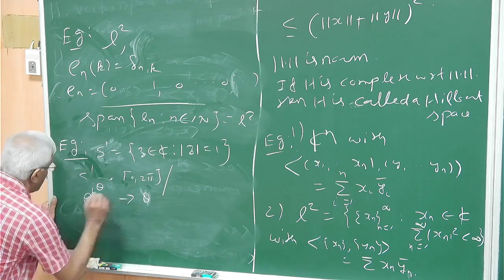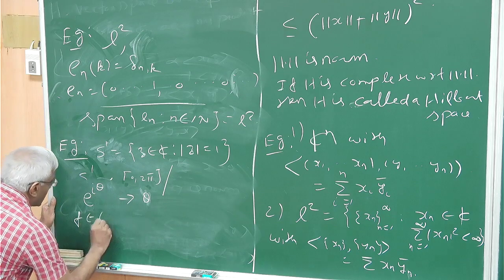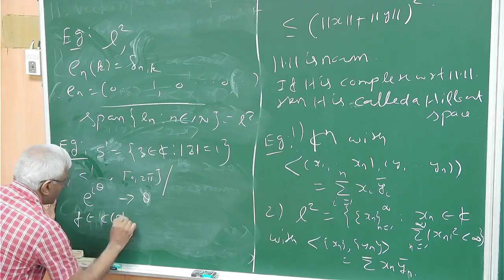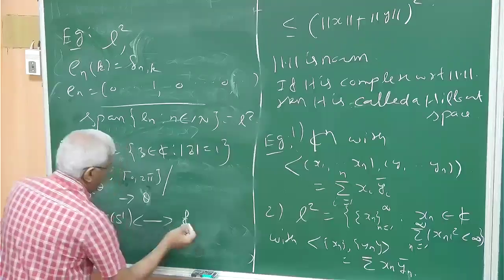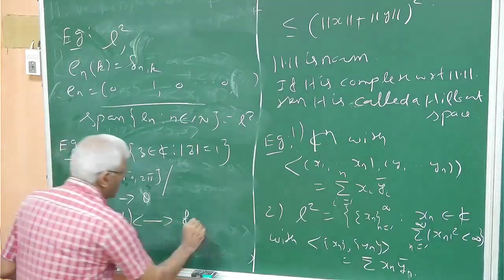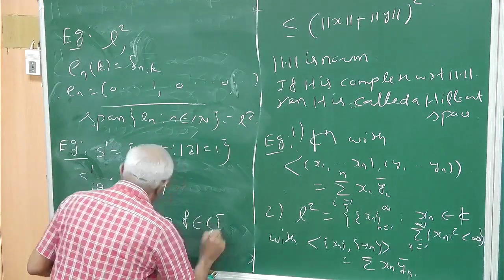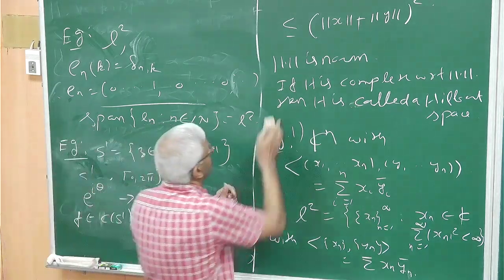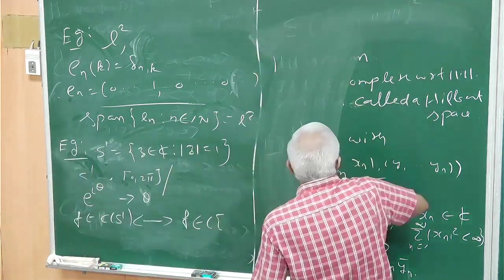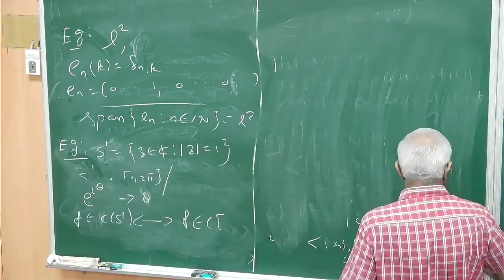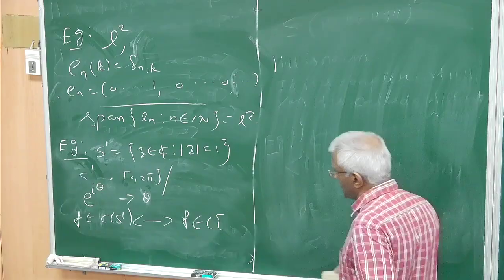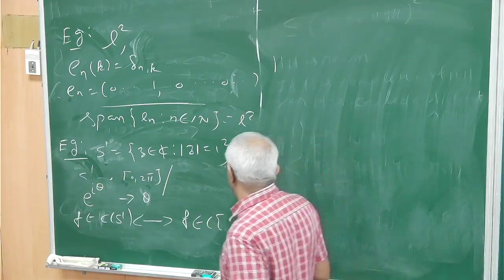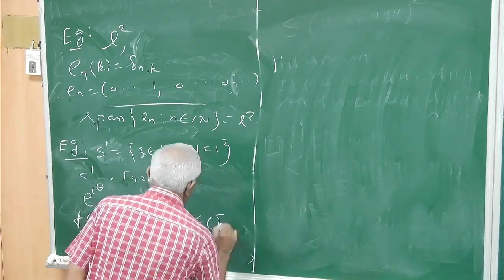Most importantly, if you have a function f in C of S1, then we identify it with a function, using the same notation, in our Hilbert space. From here onwards, the L2 will be the same.